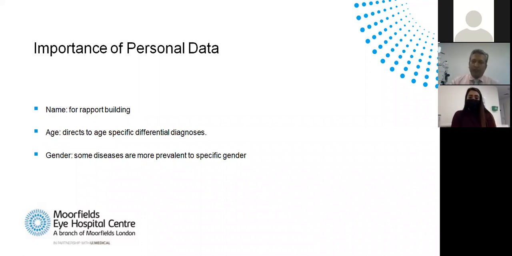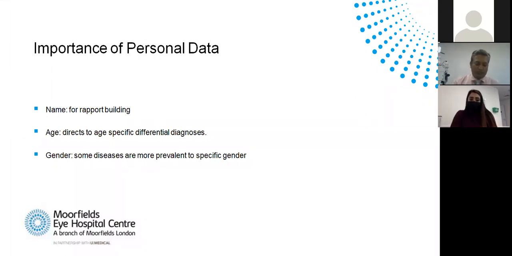And a few conditions can be gender specific. Some general health conditions, or ocular conditions, or any clinical conditions for that matter, are more common in one particular gender than the other. This is why personal data is very important, and we need to look into that.